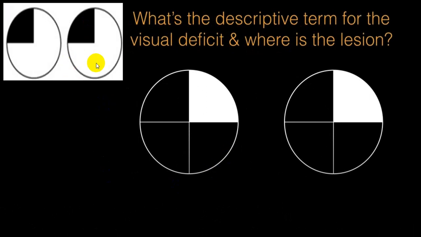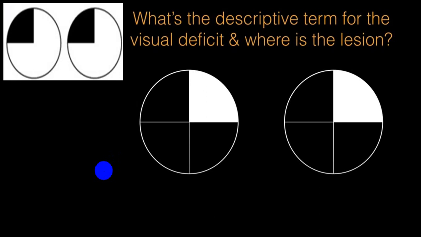And when you get a quadrantic loss, here you can see this is a quadrantic loss. Right side field loss, upper quadrant means left side damage, and again in the left side this is upper field gone, so inferior fibers are damaged. Inferior fibers are Baum's loop? No, Baum's loop is superior and inferior fibers are Meyer's loop.